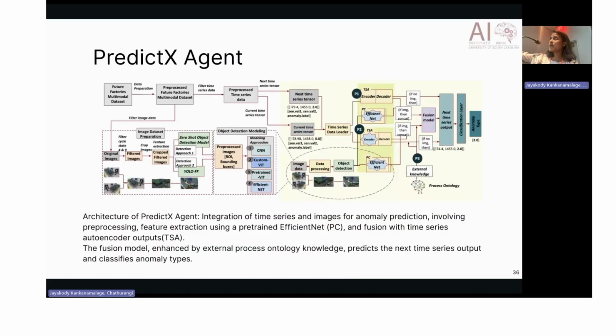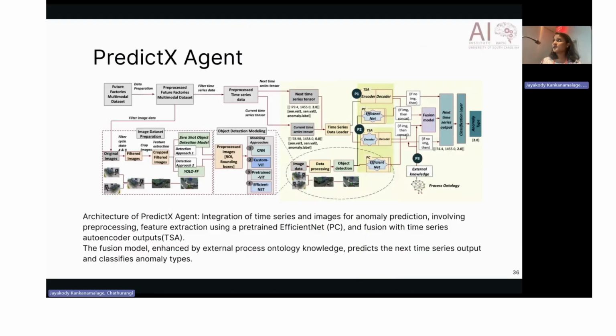The upper part of this architecture shows how we combine the time series and the images, whereas the lower part shows how we process the image dataset.